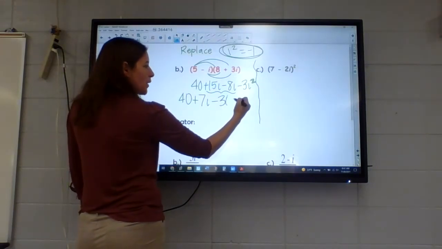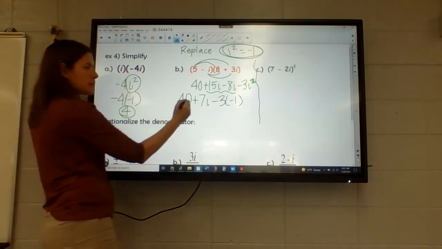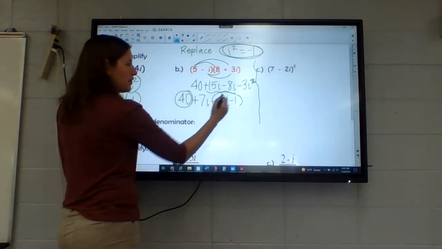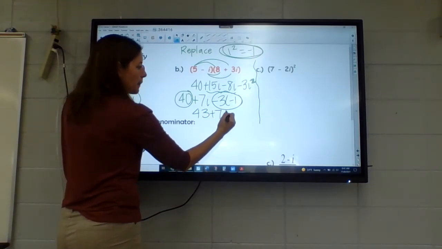Now that i squared, I'm going to put negative 1 in there. So negative 3 times negative 1 is going to be a positive 3, so this is going to be 40 and 3, so that'll be 43 plus 7i.